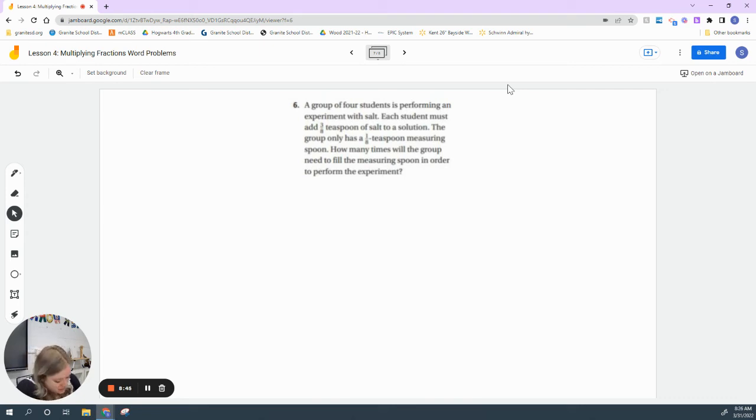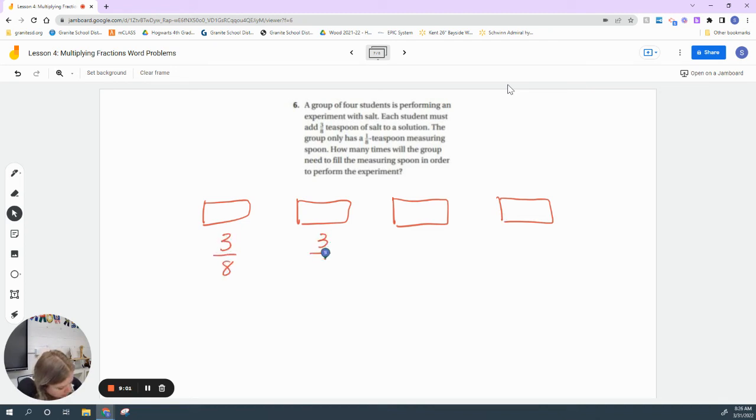Welcome back. So if I draw myself a picture for this problem, I know that there's 4 students. So I always just use rectangles or tape diagrams to represent my 4 students. And then each student has to use 3/8. So if I were to go 4 times 3/8, I would get 4 times 3 is 12, right?